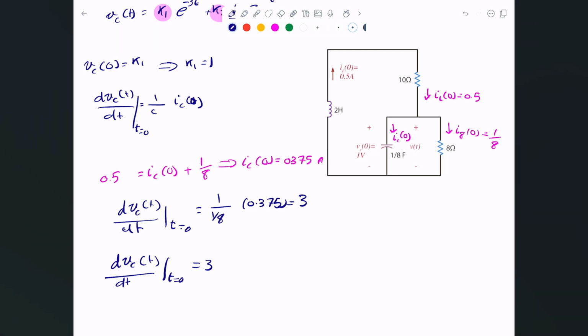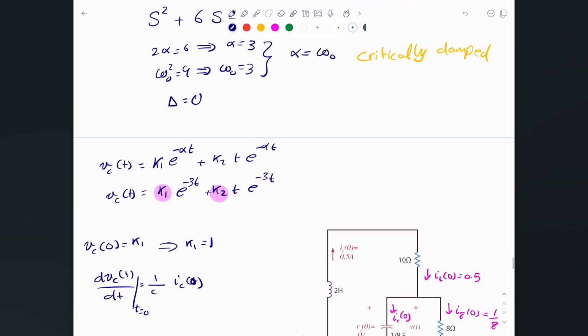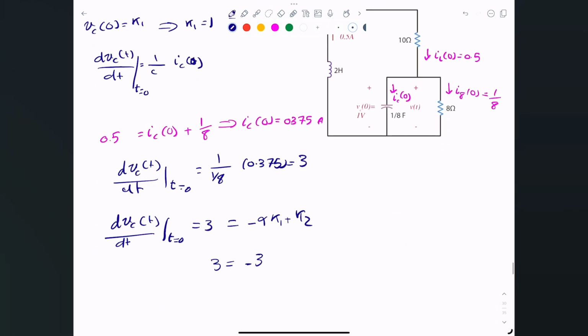But if you take a look at the notes, for a critically damped case this is also equal to negative alpha k1 plus k2. That means 3 equals negative alpha, and we know alpha is 3, yes, times k1, which is 1, plus k2. That means k2 is simply 6.